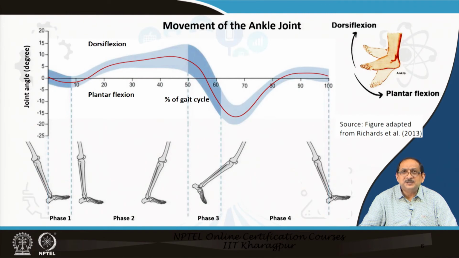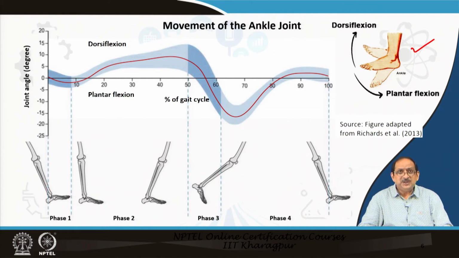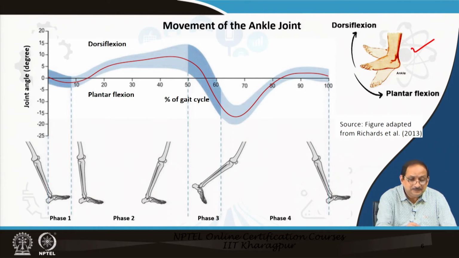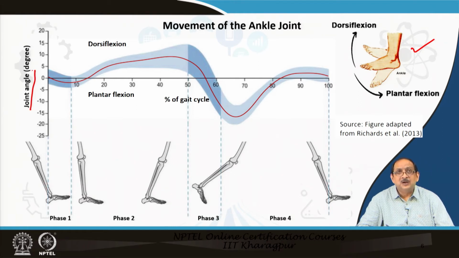Let us now discuss the movement of the ankle joint. The figure on the right shows the movements dorsiflexion and plantar flexion. The variation of the ankle joint angle, as shown along the y axis of this figure, throughout the gait is presented in this figure.